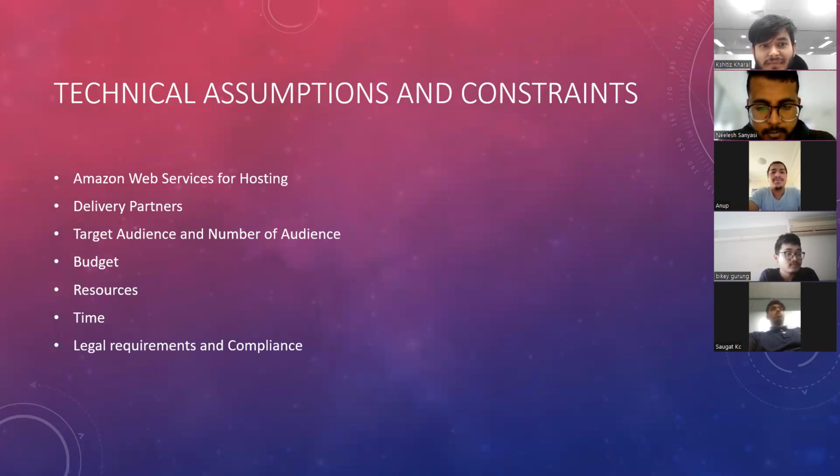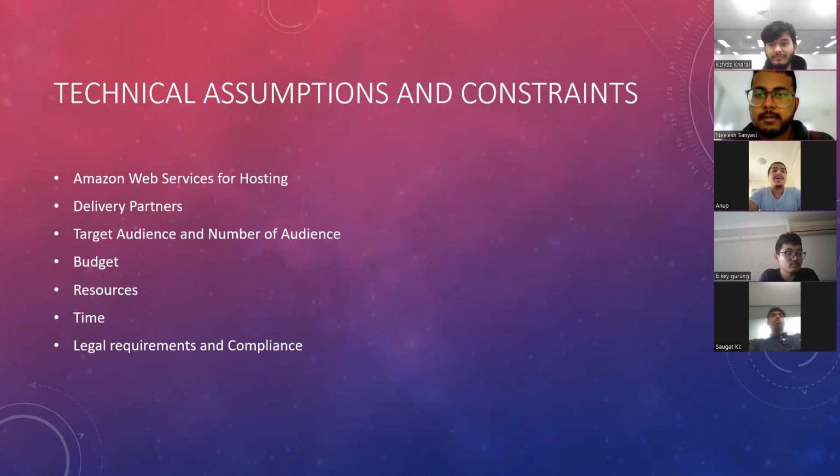For instance, we'll be using Amazon Web Services for hosting the website, and we'll use Australia Post as the domestic delivery partner, and FedEx for international delivery. Our target audience will be people in the age group of 20 to 40, and our daily traffic is expected to be around 3,000 to 10,000 users during peak time.